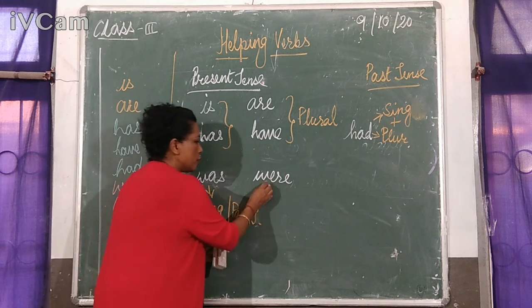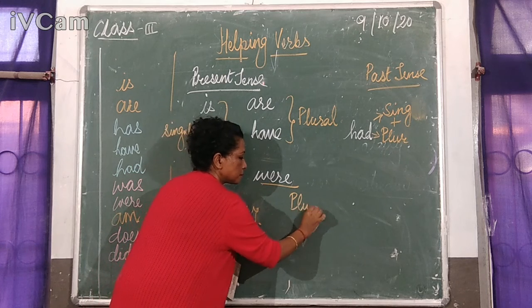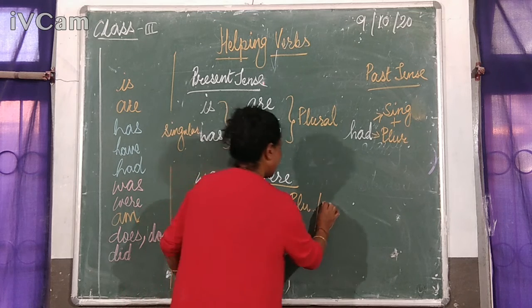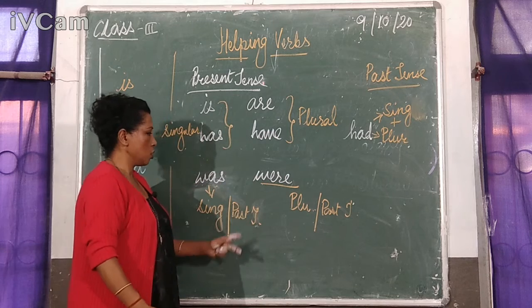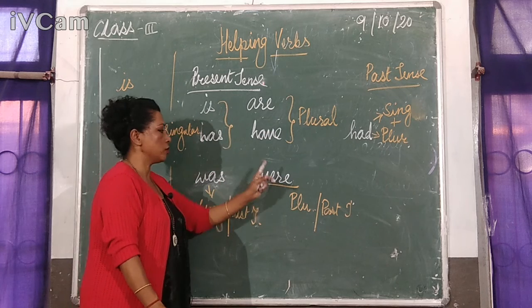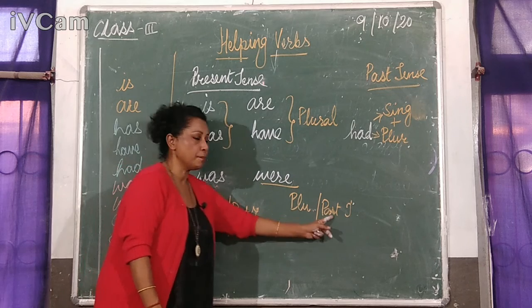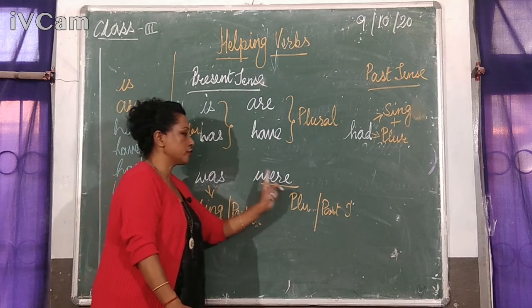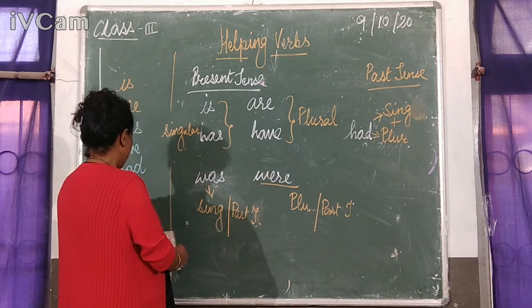Now were tells you about plural, but in the past tense. Both are past tense. But was tells you about one and were tells you about many, plural. Did you understand? That's all.